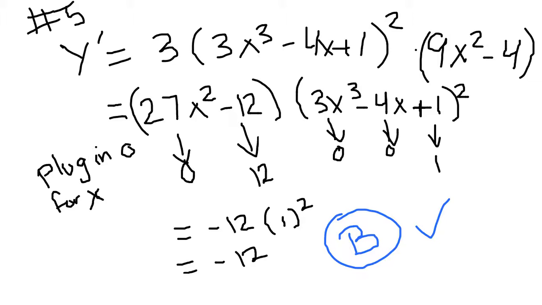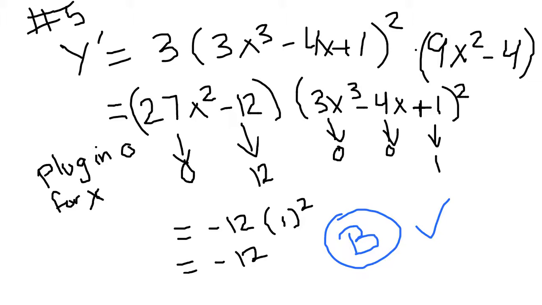And now it asked for it at x equals 0, so I plug in 0, and these little arrows just show that term, when I plug in 0 for x, 0 squared is still going to be 0, and 27 times 0 is still going to be 0, so that whole term goes to 0, and really anything with an x in it is going to become 0, because anything times 0 obviously is 0.